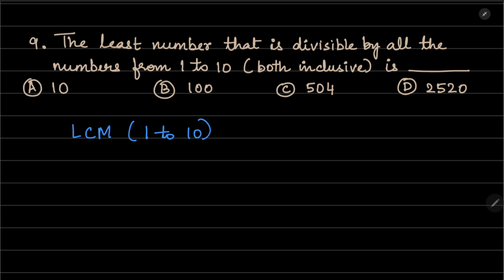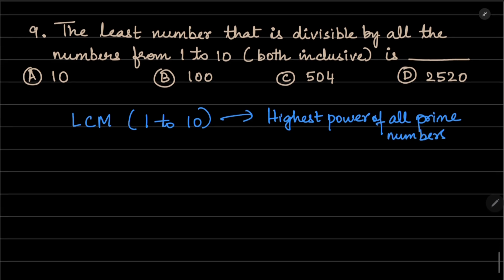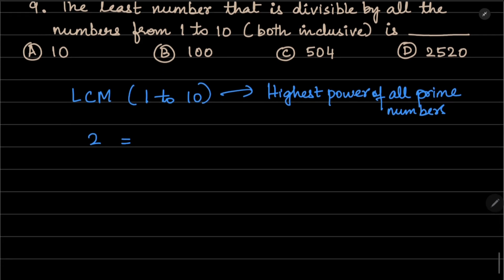So whenever you have to take the LCM, what do you have to do? You have to take the highest power of all prime numbers. So 1 is not a prime number, so we are not writing 1. 2 is the first prime number. So 2. What are the prime factors of 2?